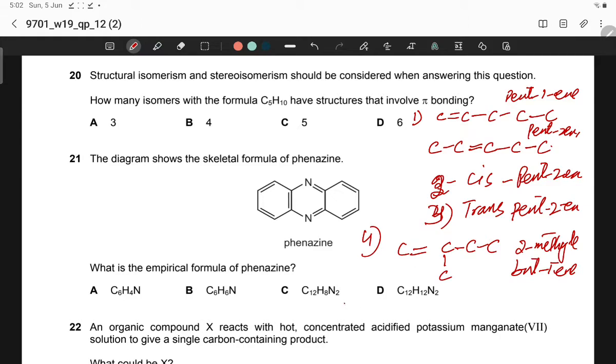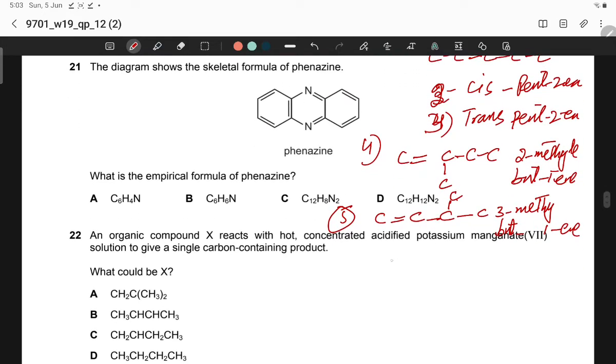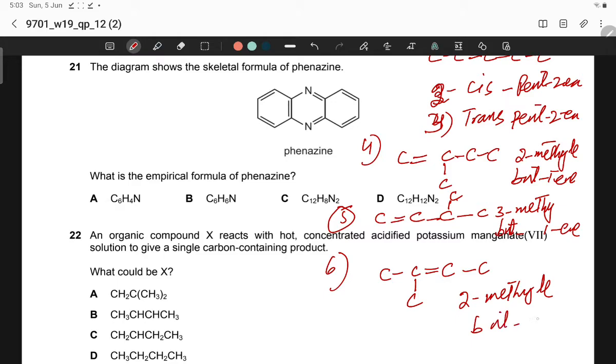There is another possibility, 3-methylbut-1-ene, and sixth one is 2-methylbut-2-ene.